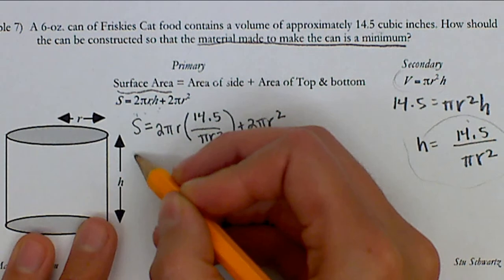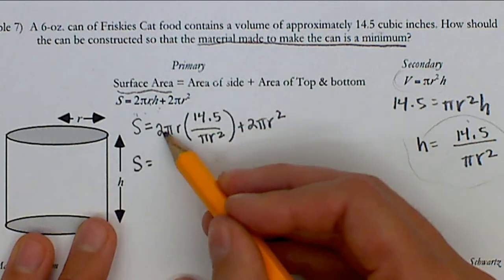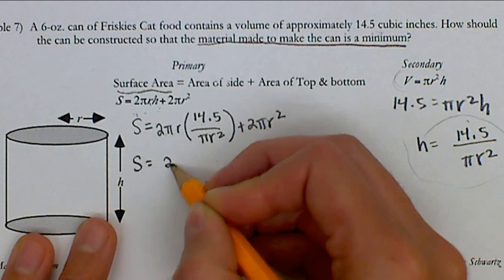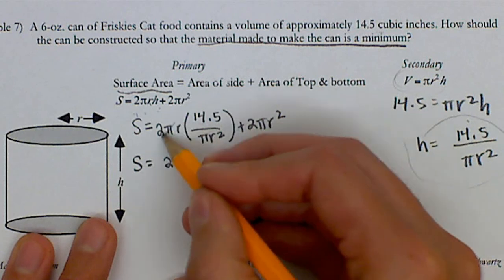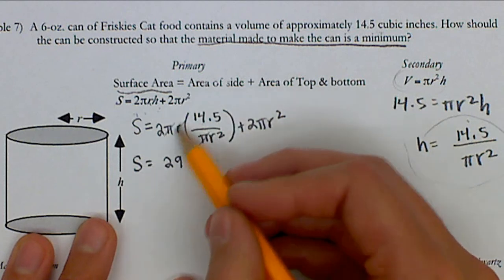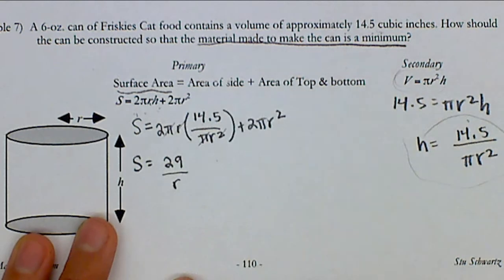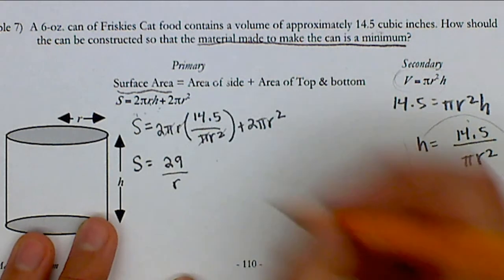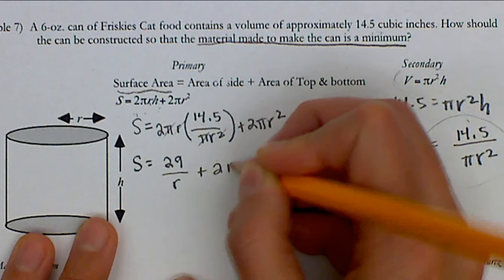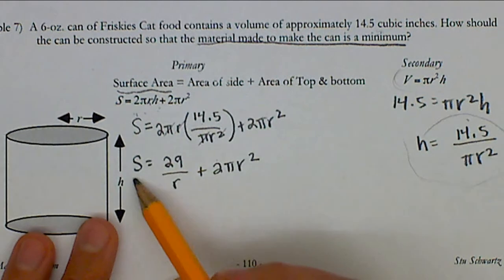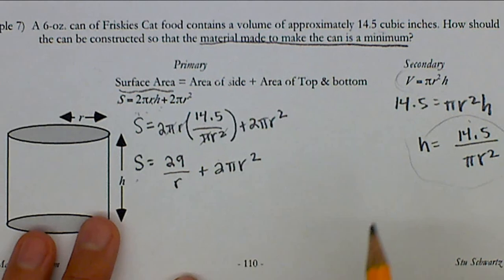S equals 2 times 14.5 is 29. The pi's cancel out, and then one of my r's canceled out. So I just have one r left in the denominator, plus 2 pi r squared. There we go. I have an equation for the surface area in terms of one variable. I can do calculus now.